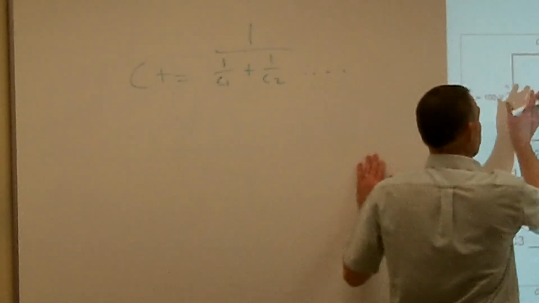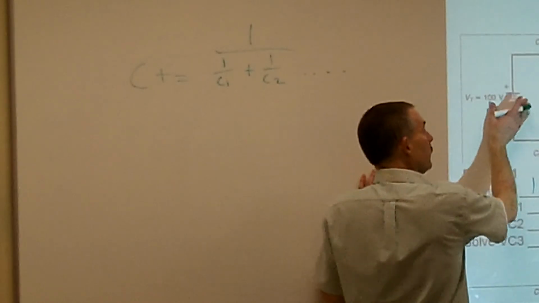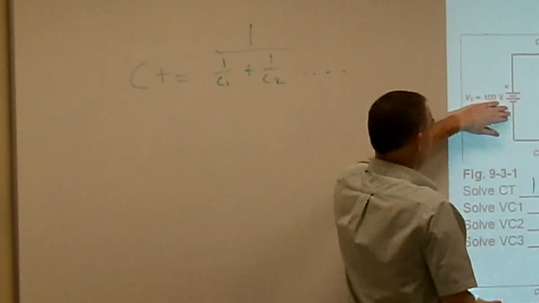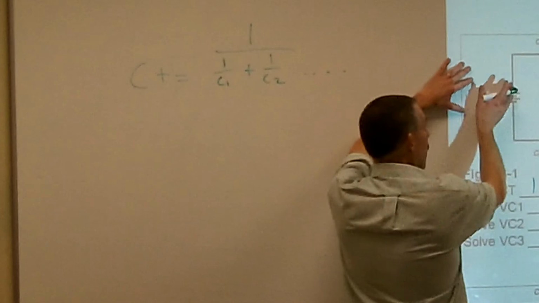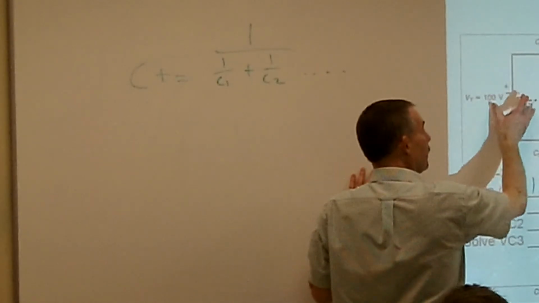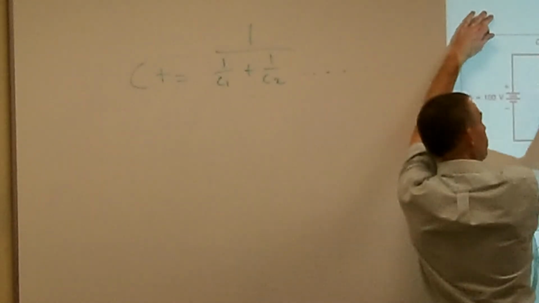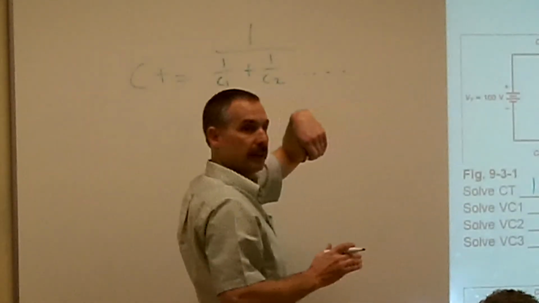So how this actually is going to end up working is that this voltage supply is a DC power supply. I'm going to go ahead and turn my power supply on, and what's going to happen the first instant I turn my switch on is that all these three capacitors are going to act like a short. That's something you should write down.